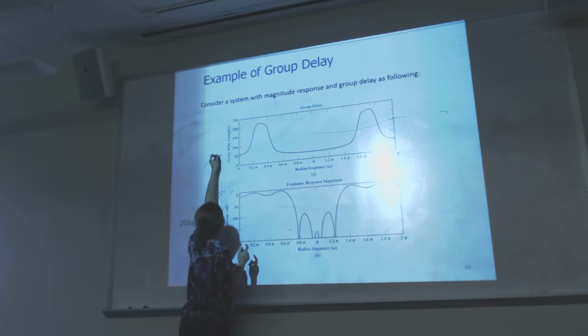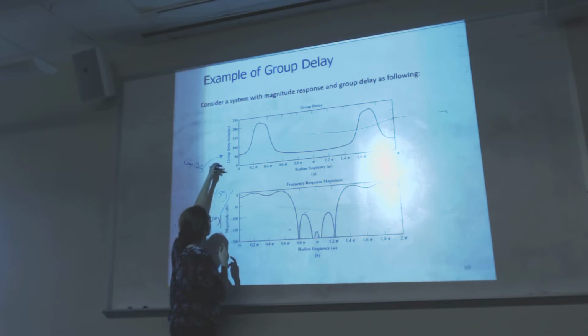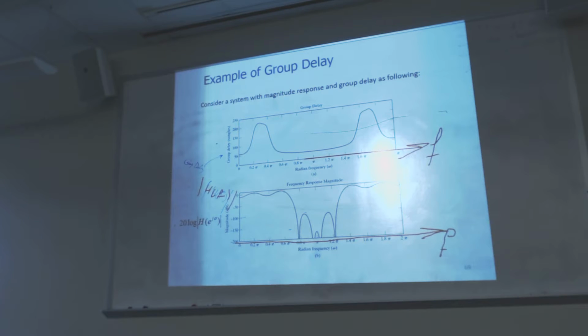and assume this is the group delay. Is the group delay constant? No, right? And let's say this is frequency F. This is H of F, the magnitude. And this is the group delay.